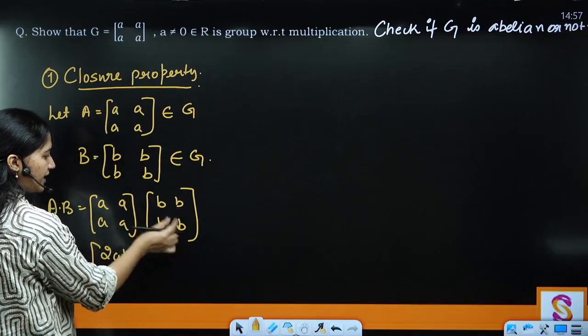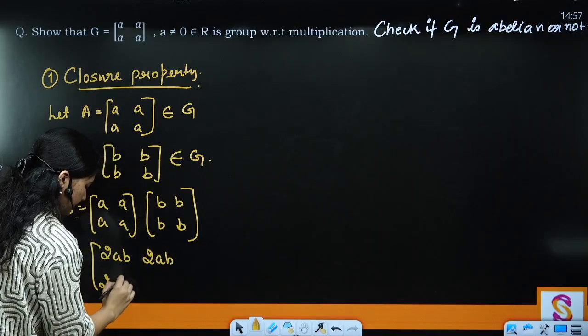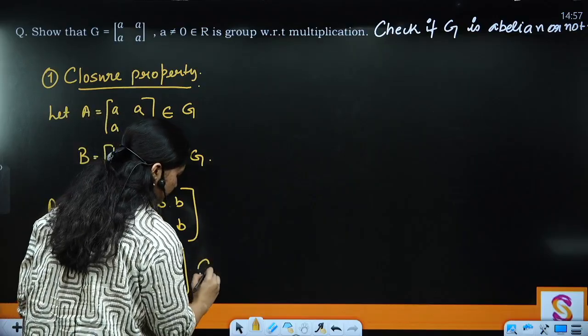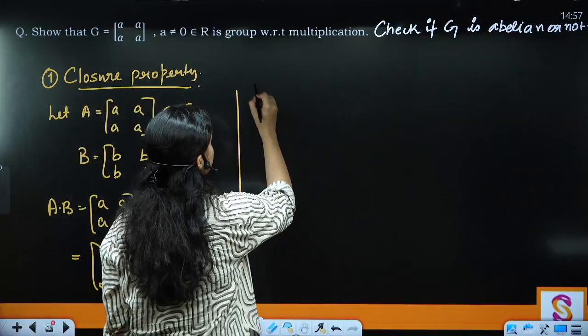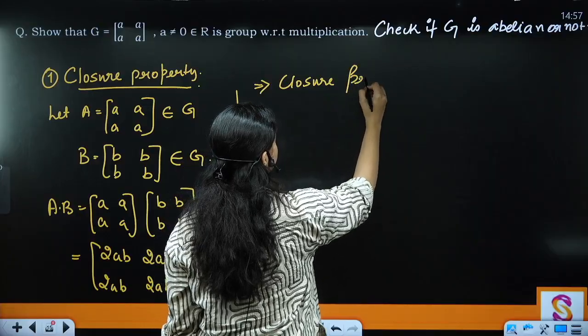Again a into b, a into b, so again 2ab, and again 2ab and 2ab. Which is pretty clear that this is also going to belong to the group itself. So closure property is satisfied, right?